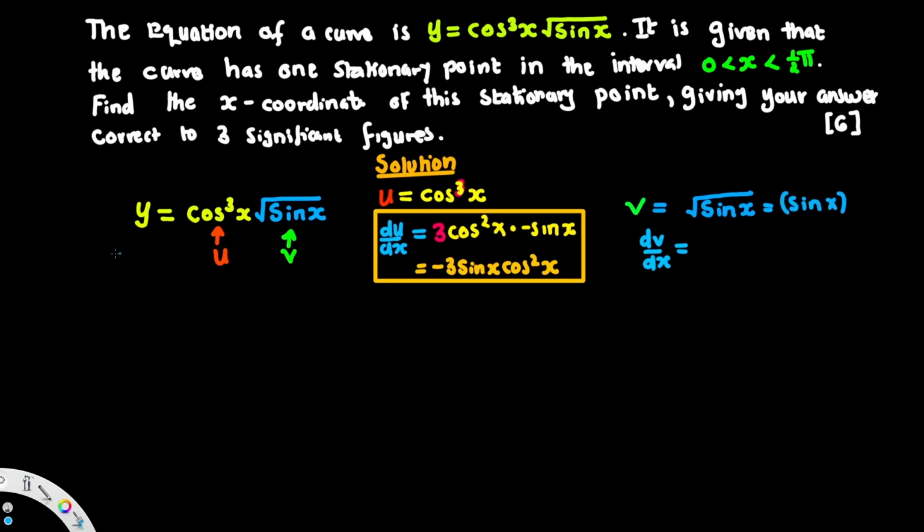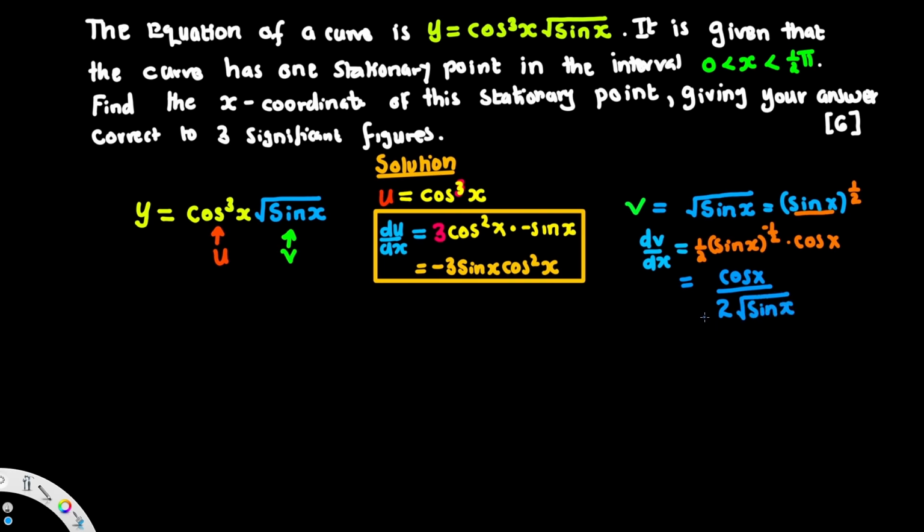So this is going to be sin x raised to power a half, so that we can now use power rule in order to differentiate it. We take the power down and write sin the way it is, reduce the power by 1, and that's going to be negative a half. Then again, we need to differentiate the inner function without looking at the power, and that becomes cos x. So this is going to reduce to cos x over 2 root sin x.